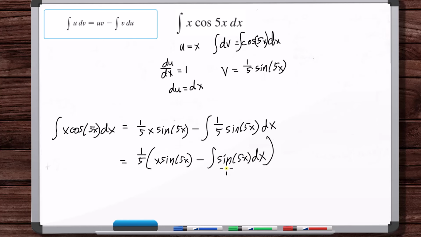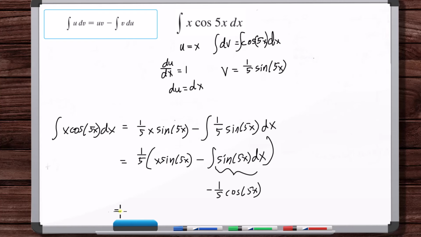This integral here is minus 1/5 cosine 5x, because the derivative of cosine 5x is minus 5 sine 5x. And so there we go.